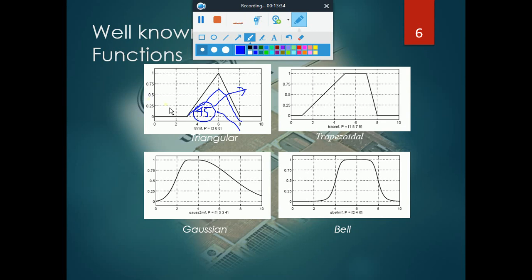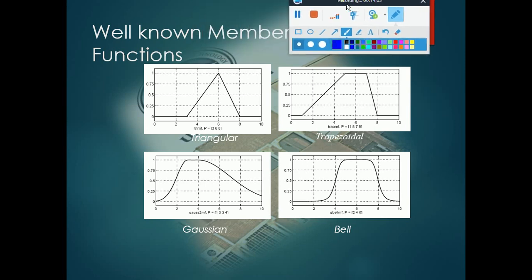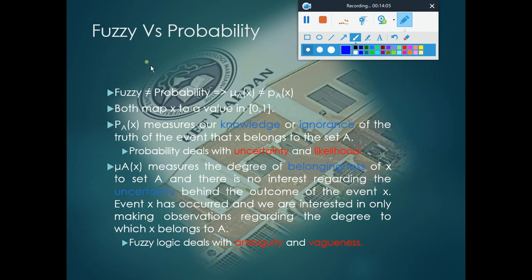If the car is moving at 79 miles per hour and there is an obstacle, we can say the car is moving very fast, so it will apply strong brakes. So we associate an action with the degree of a function. Hopefully you will understand till this point.